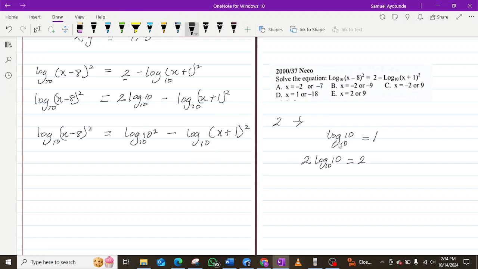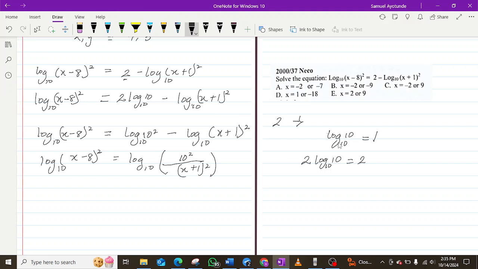So from here, I have log of (x minus 8) square base 10. Then from here, I can use the second law. So in the second law, we write the same base, then the two exponents will be divided when we have subtraction. So I have 10 square divided by (x plus 1) square.